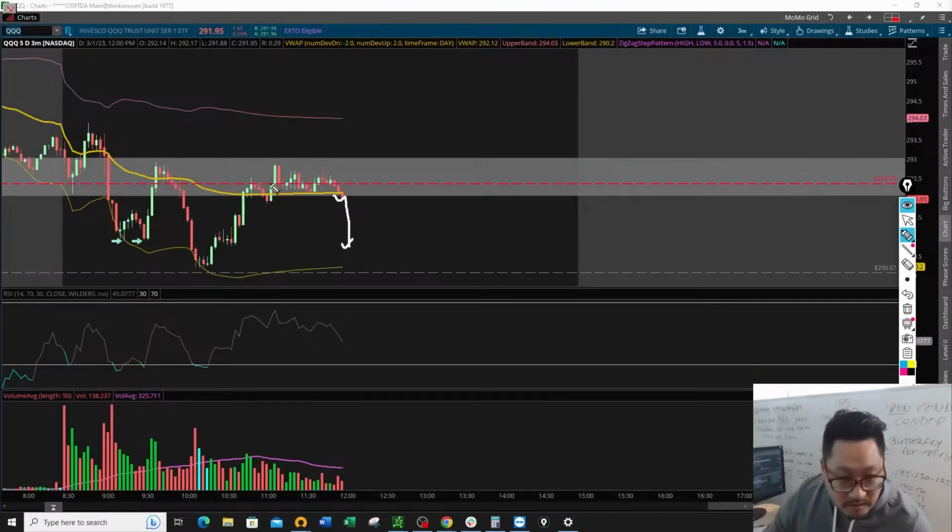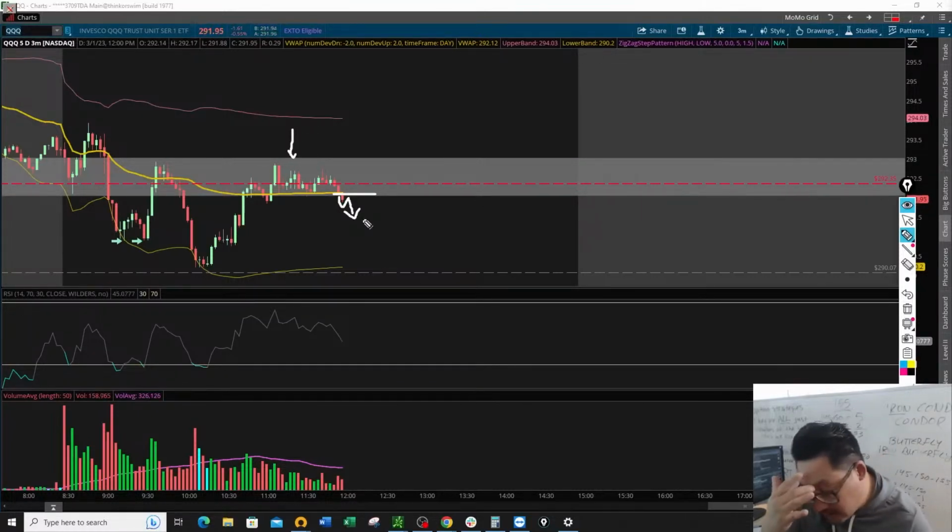When I was talking about that eventual break and run, we were looking for that immediate rebound, and we didn't get it at all. So it's now showcasing that the buyers are starting to give up and the sellers are taking control. And it just shows that this line right here, which I'll highlight in a bit, is playing a more prominent role.